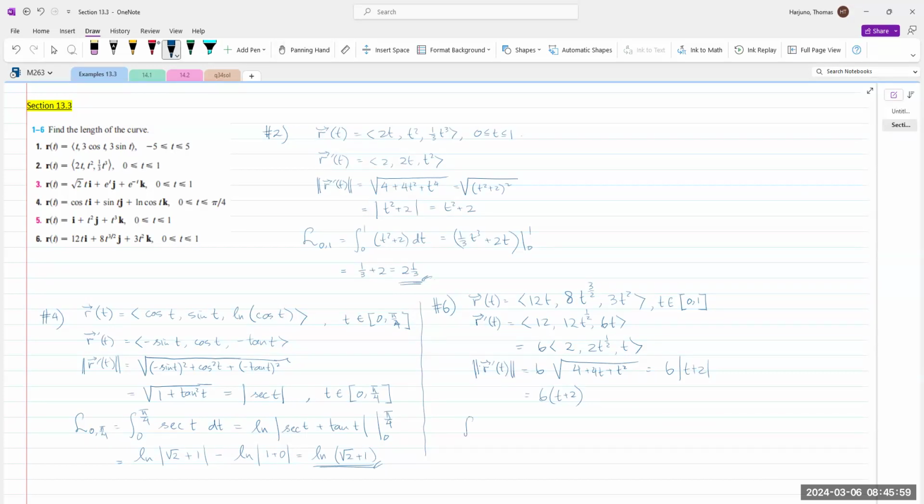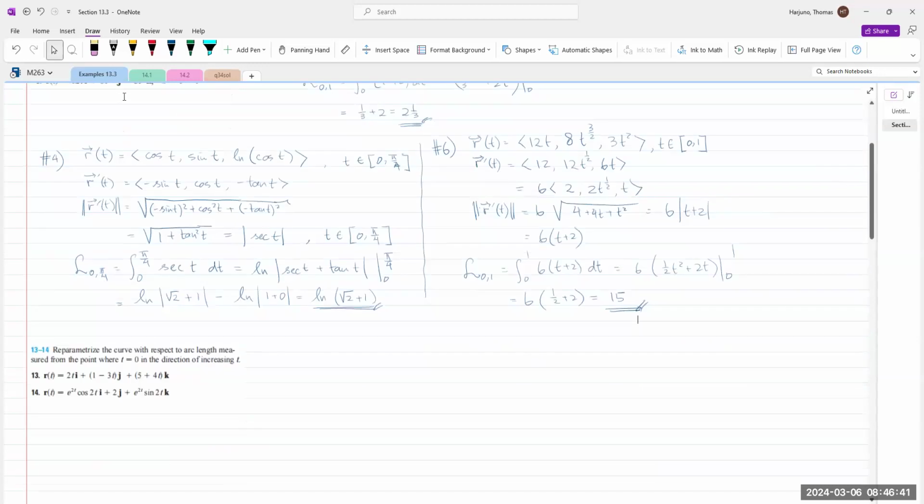The arc length from 0 to 1 will be the integral from 0 to 1 of 6 times t plus 2 dt, which is 6 times 1 half t squared plus 2t from 0 to 1. Oh yeah, we just apply adding the coefficients. 1 half plus 2 is 5 halves, so that's 15. Okay, that's for number 6.